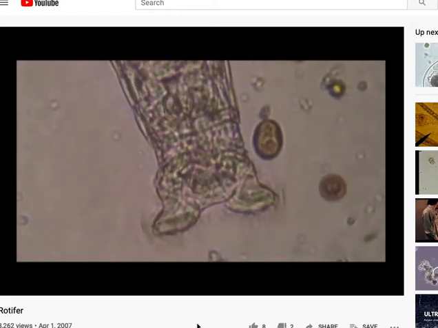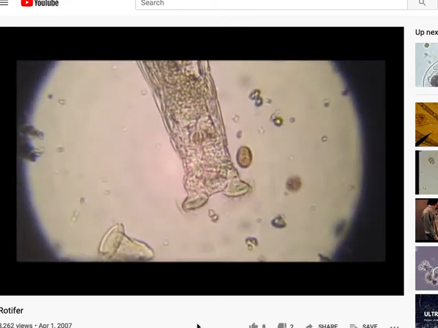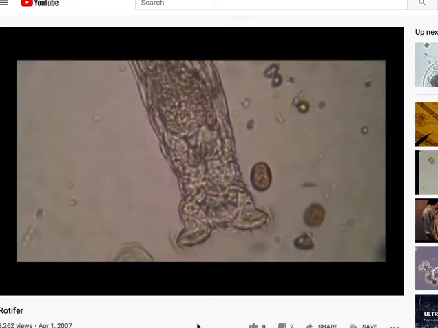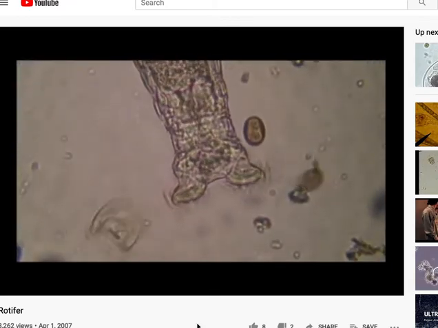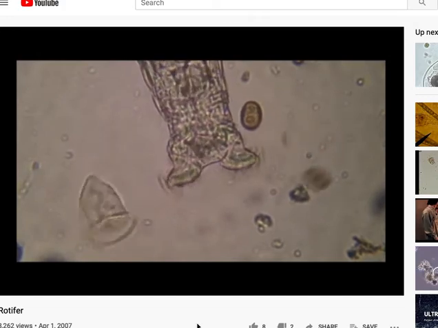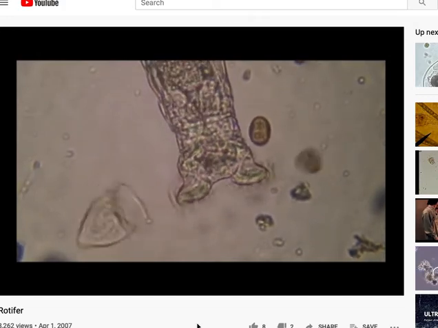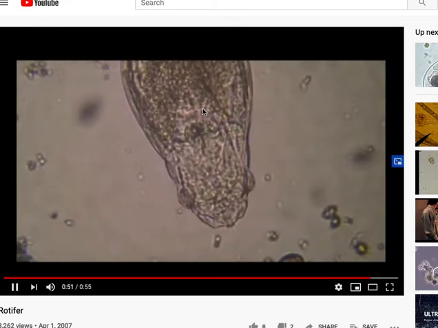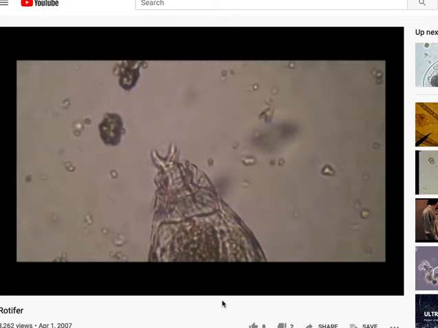We're losing sight of it a little bit, but it's going to eat something, and we'll see it disappear in its stomach. Oh, there it is. It gobbled it up and is now going to digest it in its stomach.